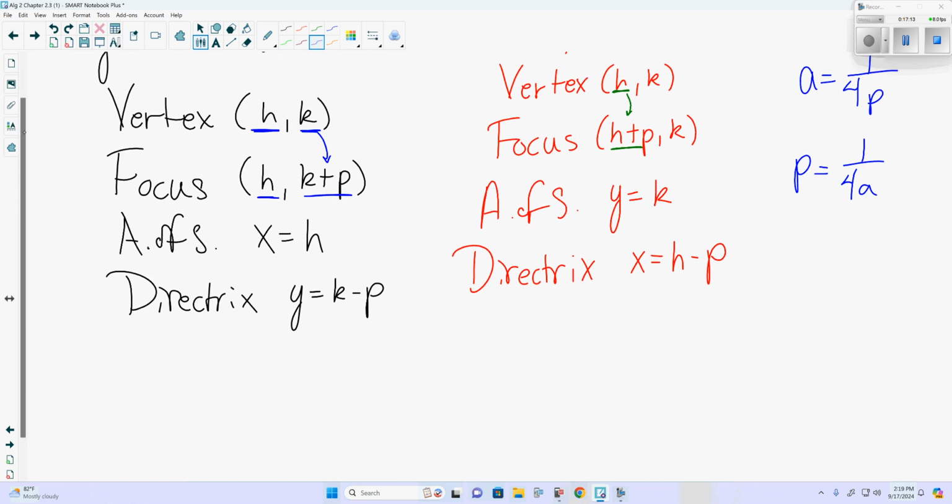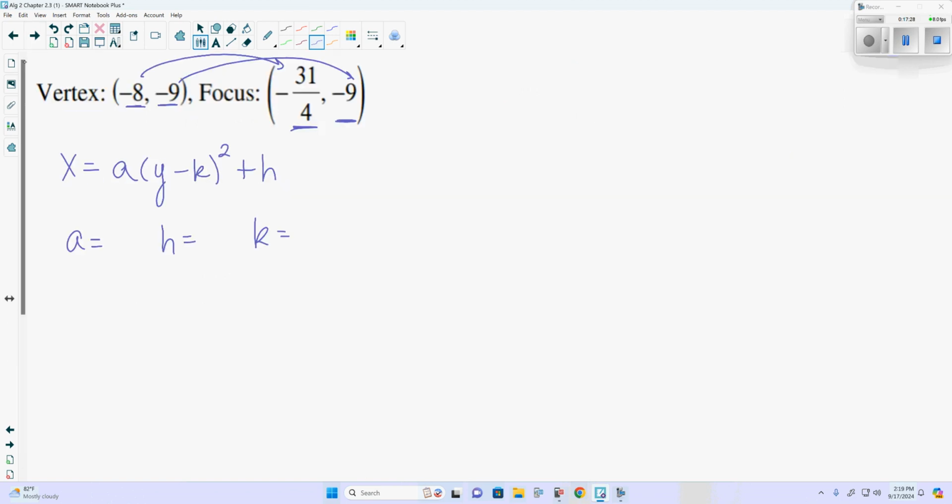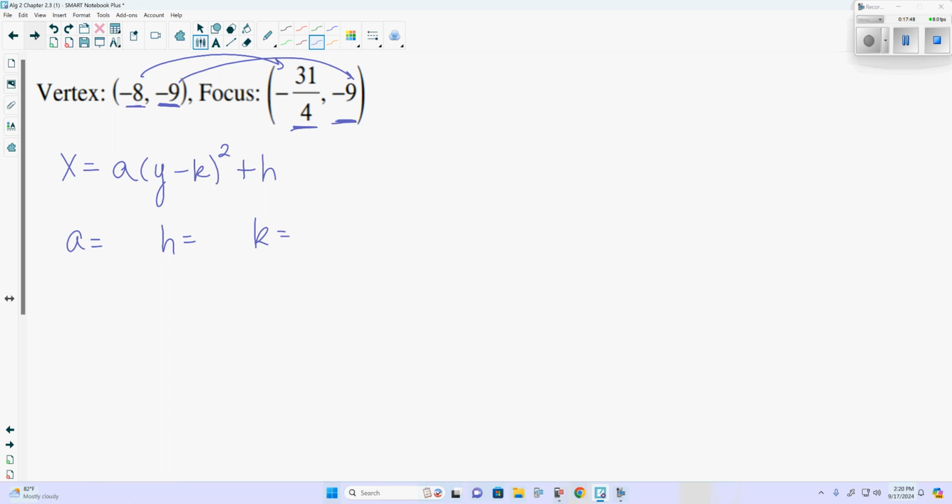For the vertex, h is still h, and the other value goes from k to k plus p. The second value, k, is still just negative 9, so we're not using the y equals. If we look at x equals, it's going from h to h plus p. It is changing. So that's how we get x equals.